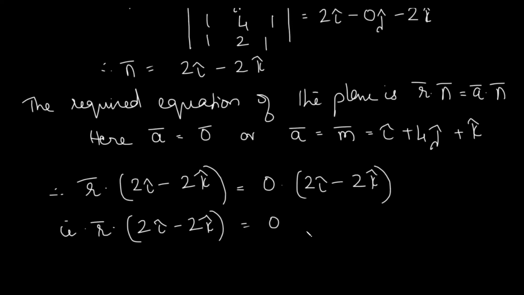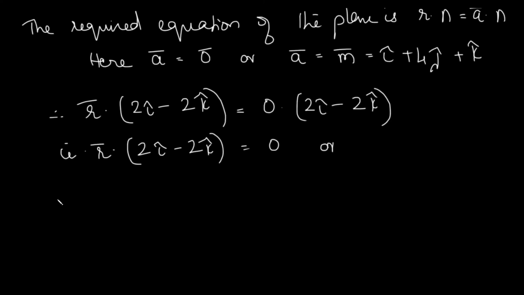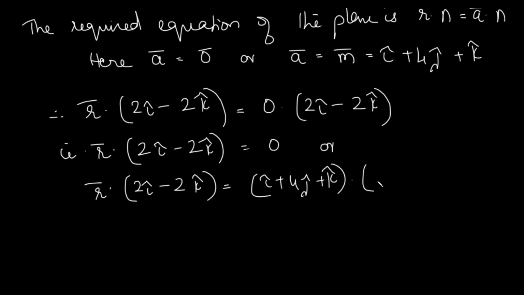So this way. Or in the other case, if we put A as M bar, just to show you all that we get the same answer, we can write r bar dot n bar, that is (2i minus 2k), is equal to A dot n. A in this case we take it as this vector, that is (i plus 4j plus k) dot n, that is (2i minus 2k).